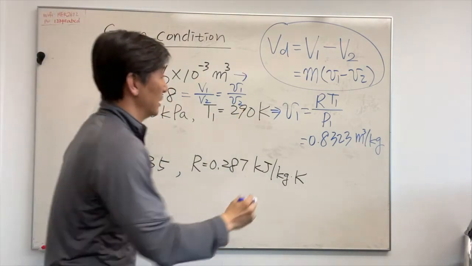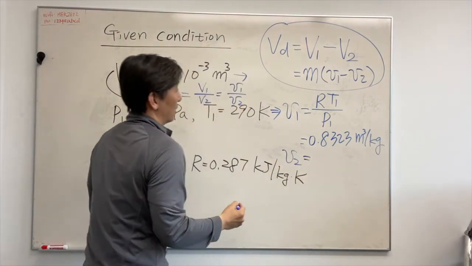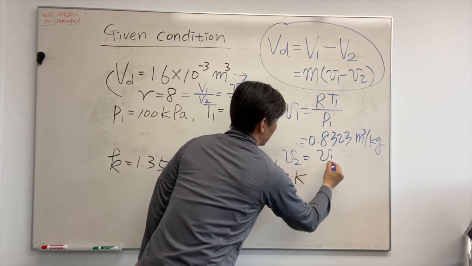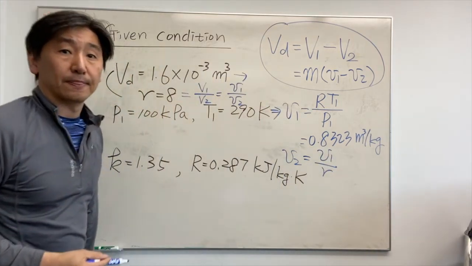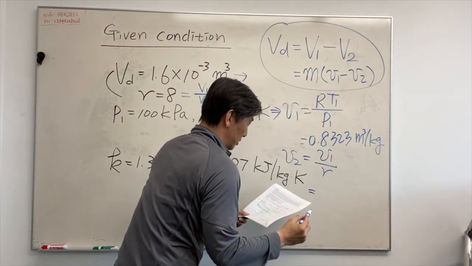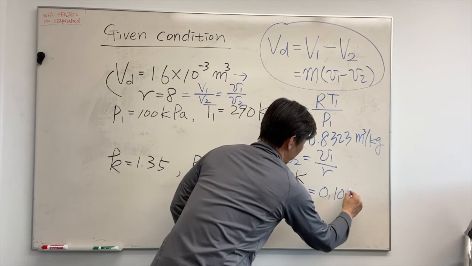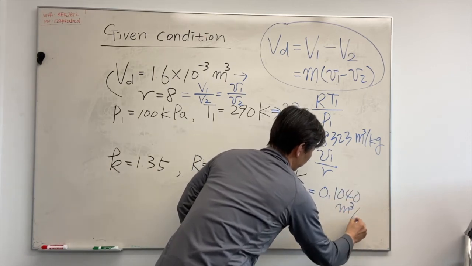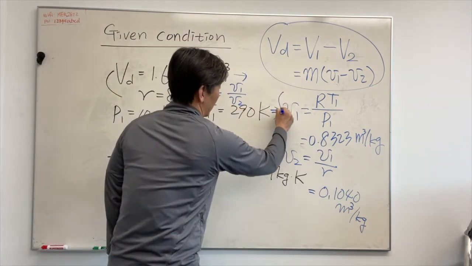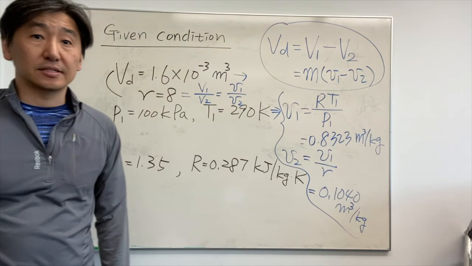What it means is that your v2, the specific volume after compression, can be calculated as v1 over r. So it gives us 0.1040 meter cubed per kilogram. Right. Now we could calculate the specific volumes at state 1 and state 2.